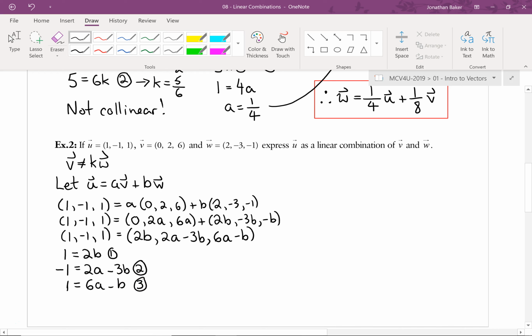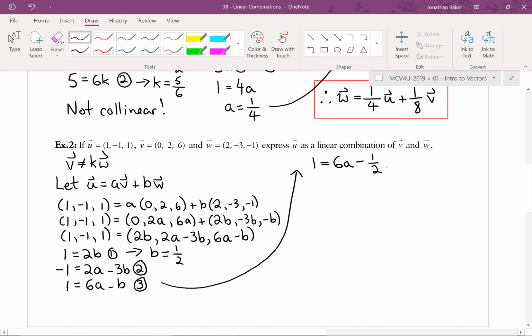This first one we can solve immediately, because b equals 1/2. We can use this to eliminate b in the other equations. Let's work with equation 3 for now. We plug it in and get 1 equals 6a minus 1/2.